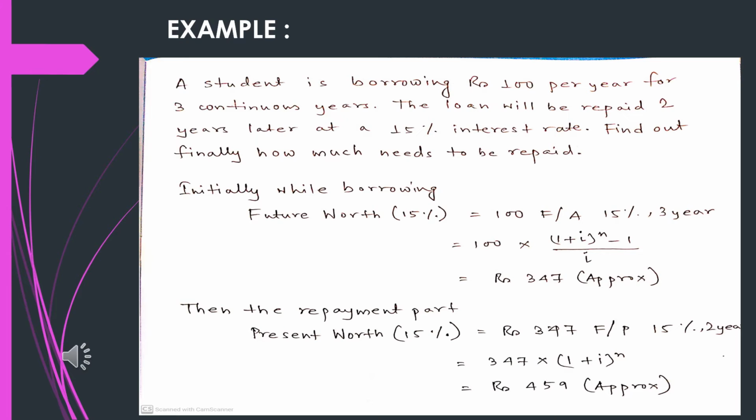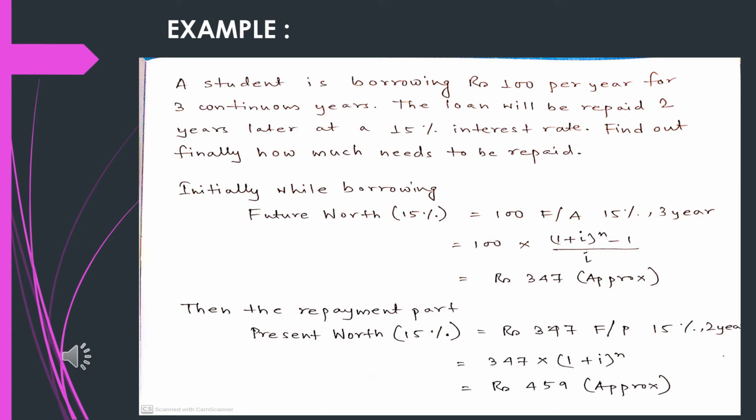After using the formula, we obtain the figure of rupees 347. So the student has practically borrowed rupees 300, but at the end of 3 years with interest, he has actually borrowed rupees 347. So rupees 347 needs to be repaid in the next 2 years.